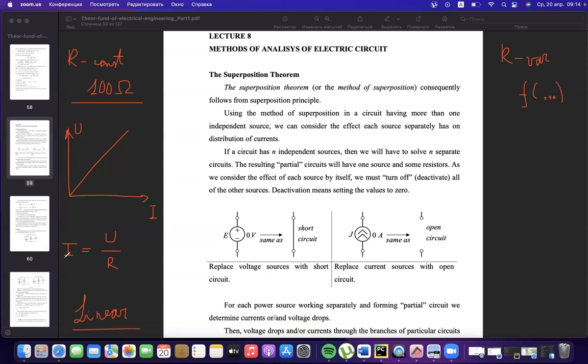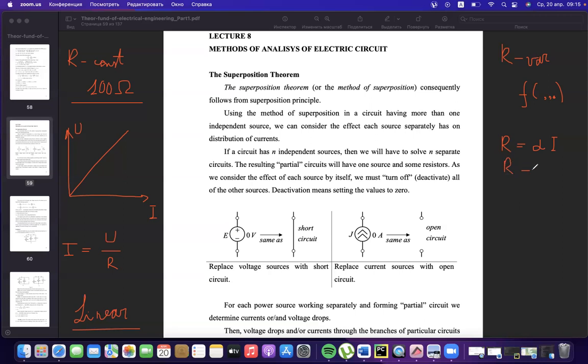For example, resistivity could be some function of current: some constant alpha multiplied by current. The more you increase current, the higher resistivity you will get.